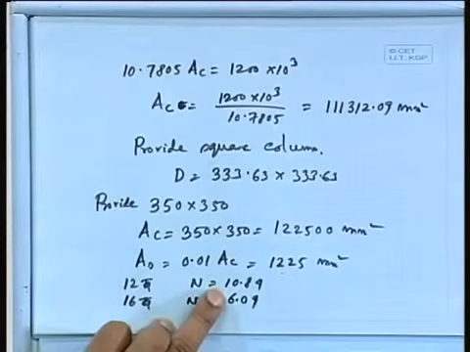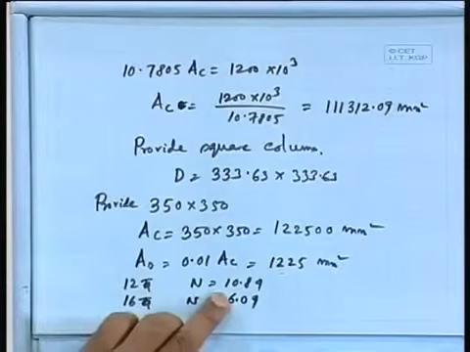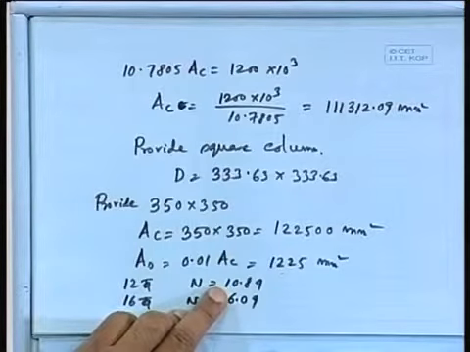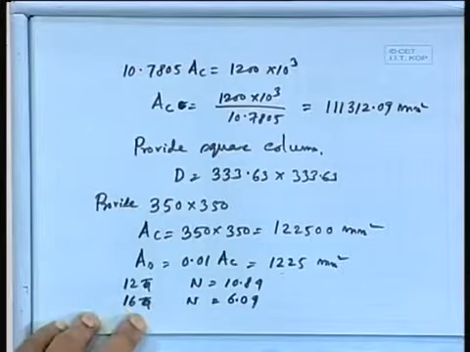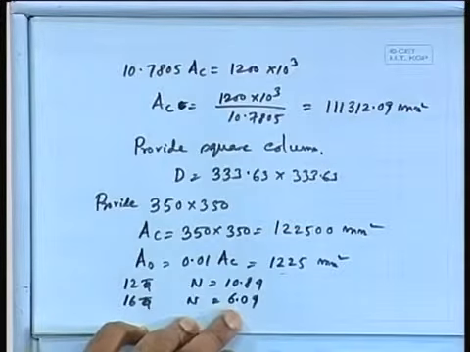If we go for 12 torr, then we have to go at least 12 numbers, because 11 numbers we cannot provide. If we go for 16 torr, then 6 numbers is not possible, so at least we have to provide 8.